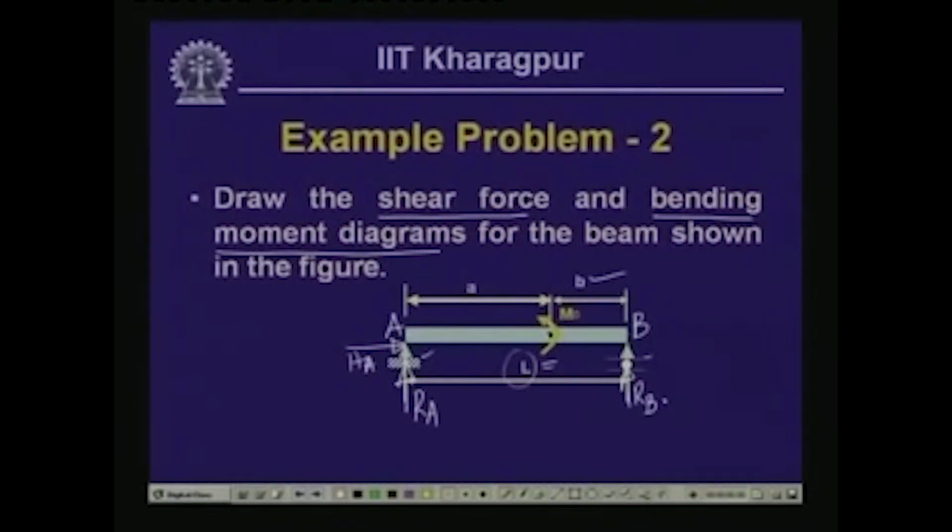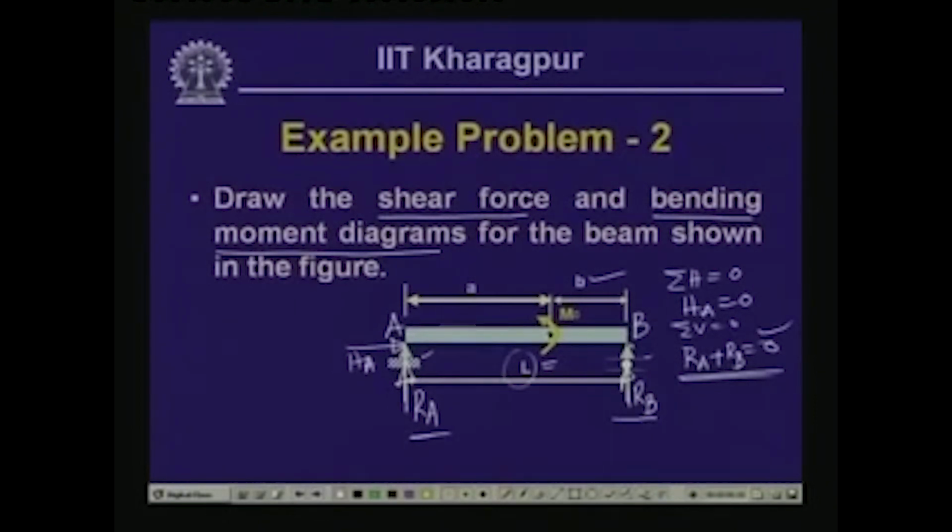Now, here again summation of horizontal force will give us 0, which says that Ha is equal to 0. Now, summation of vertical force equal to 0 will give that Ra plus Rb is equal to 0. Now, here there is no vertical load, hence Ra plus Rb is equal to 0.